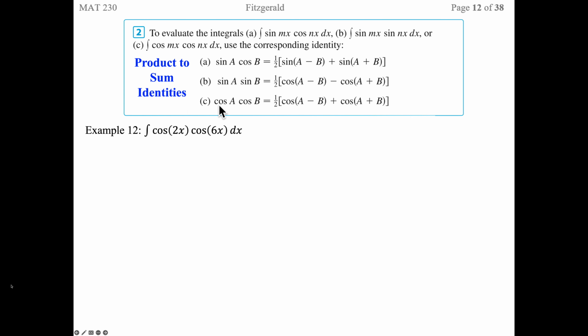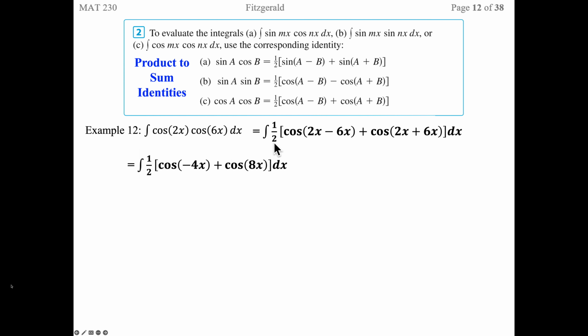All right, so we're looking at cosine A, cosine B. So A is 2x. B is 6x, so this will be cosine of 2x minus 6x, 2x plus 6x. All right, so combine that together makes cosine of negative 4x plus cosine 8x. We'll integrate this.